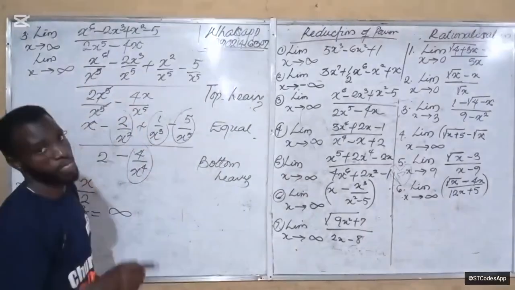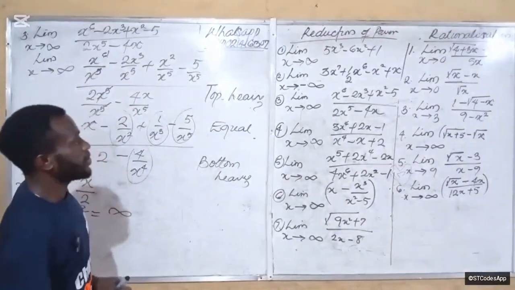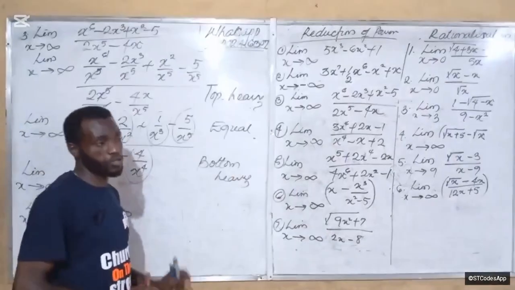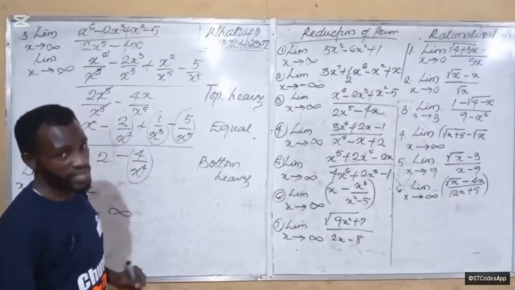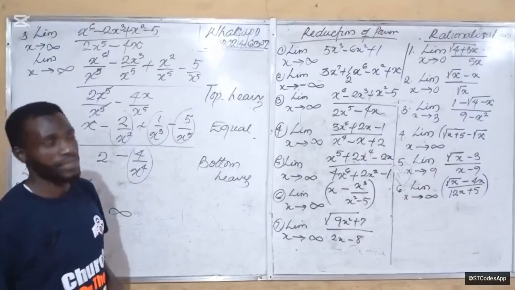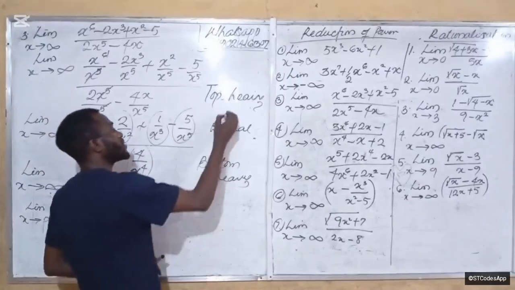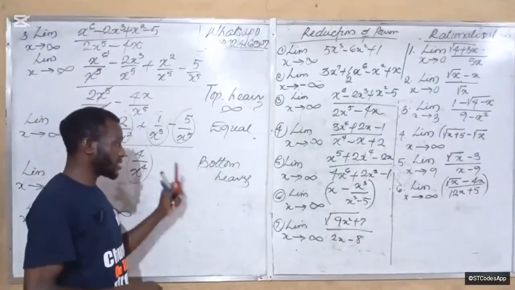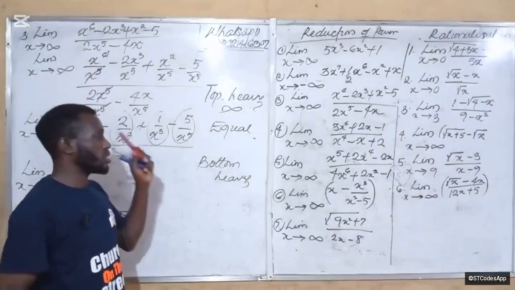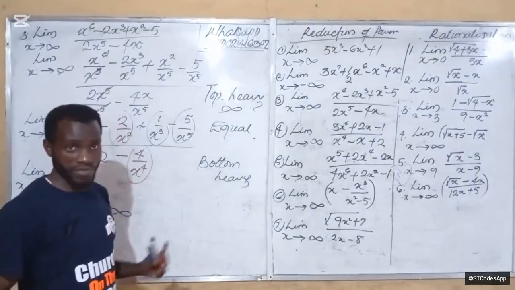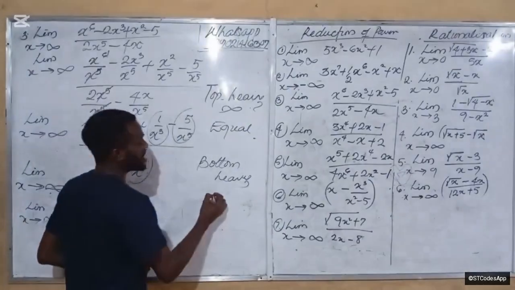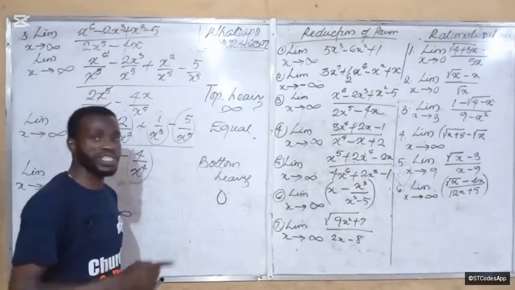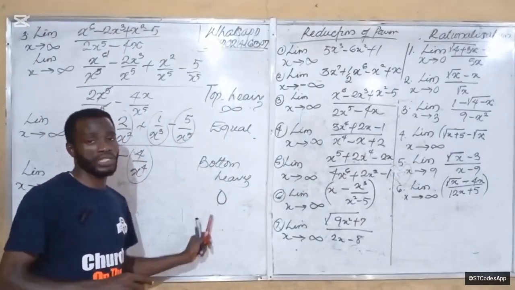For top heavy, when you are asked to take the limit of a top heavy expression as x tends to positive infinity, your answer is going to be infinity all the time. When you are asked to take the limit as x tends to infinity for a bottom heavy expression, your answer is going to be 0 all the time. So this one, for both negative infinity and infinity, is going to be 0 all the time.